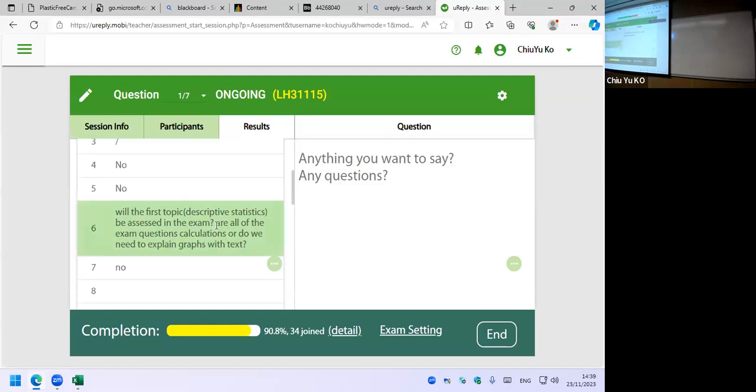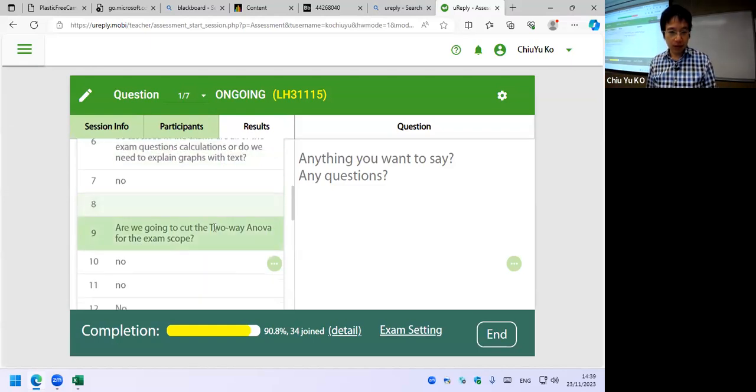I think now I make the exam easier, so only 3 questions instead of 4. So 3 long questions, each with 3 to 4 parts. Yes, we are not asking ANOVA.